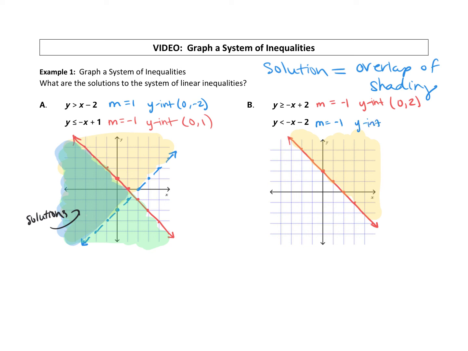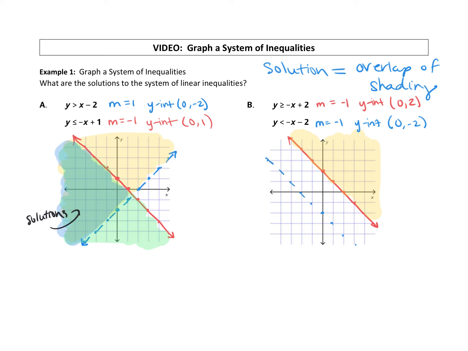Okay, now our second line, the slope is negative 1. The y-intercept is negative 2. So go to our y-intercept. You might notice these have the same slope, but they have different y-intercepts. So these are going to end up being parallel lines. So there's our negative 1 slope. This says y is less than. It doesn't have the or equal to, so solutions are not on the line.